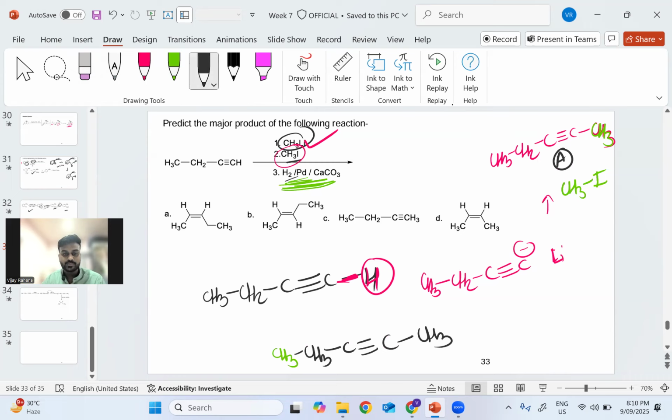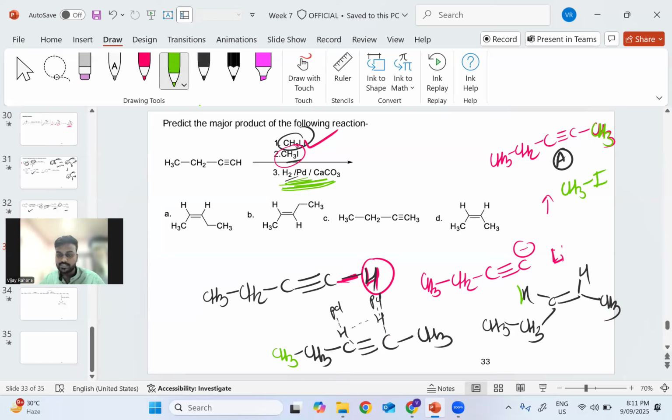Always keep in mind that this H2 Pd attack always takes place on the same side. That's the reason you get this product, and these hydrogens come from the H2 gas and the palladium in the presence of the palladium complex and the base. So this is the product we get.